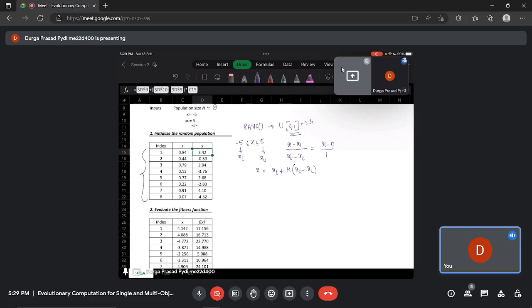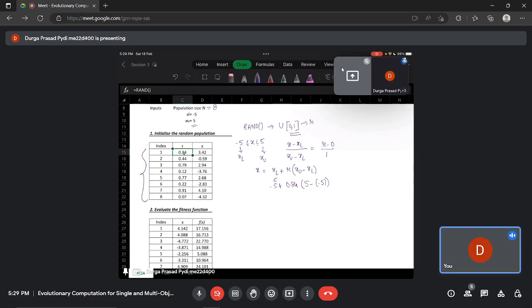So x essentially considers the lower limit value plus the random number it has generated. The random number is essentially 0.84. So lower limit is -5 plus the random number 0.84 times your upper limit 5 minus your lower limit -5. When you evaluate this, you get a value of 3.42. You repeat it for all the 8 individuals we have considered.